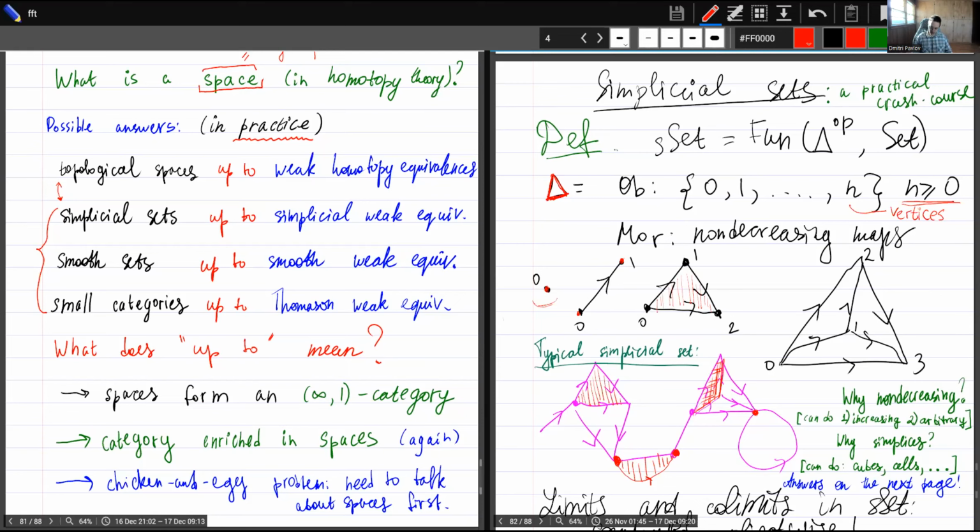Always, all arrows go from a smaller number to a larger number. So this produces some internal notion of an orientation of a simplex. Just in case you are wondering how such simplices in our setting are oriented.